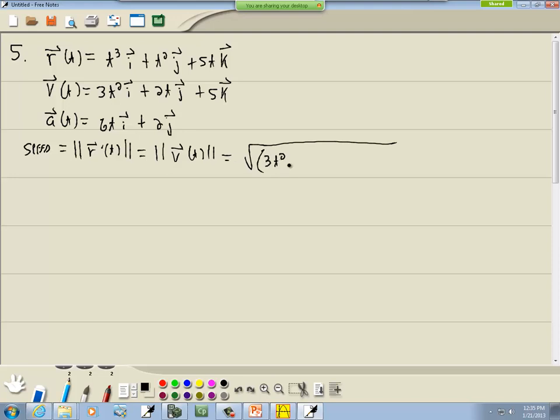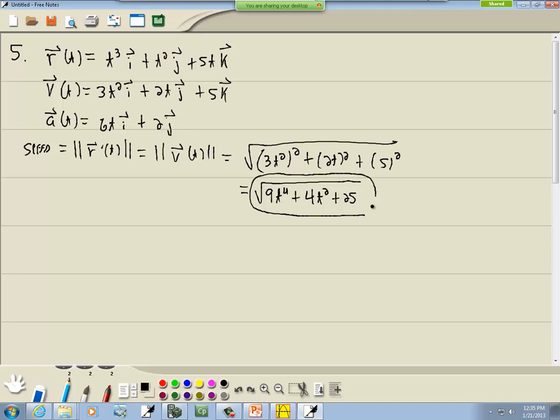So I got 3t squared squared plus 2t squared plus 5 squared. So that gives us 9t to the fourth plus 4t squared plus 25. Now realize that the speed varies because we have a variable left in there, the t component. So that's going to be variable speed throughout this.